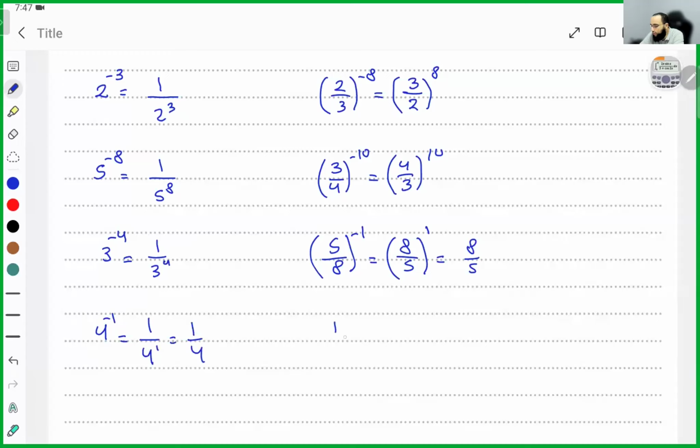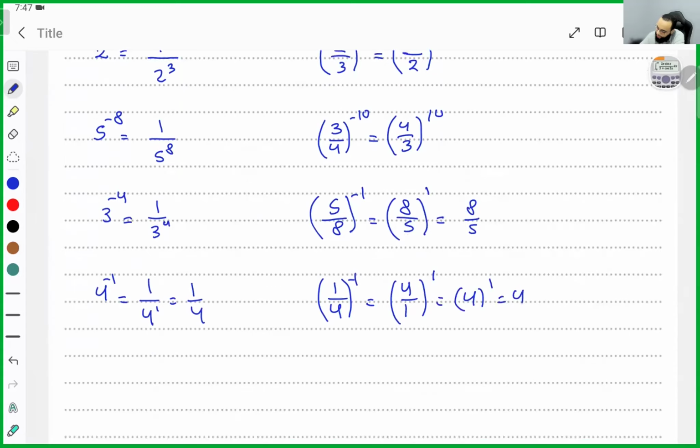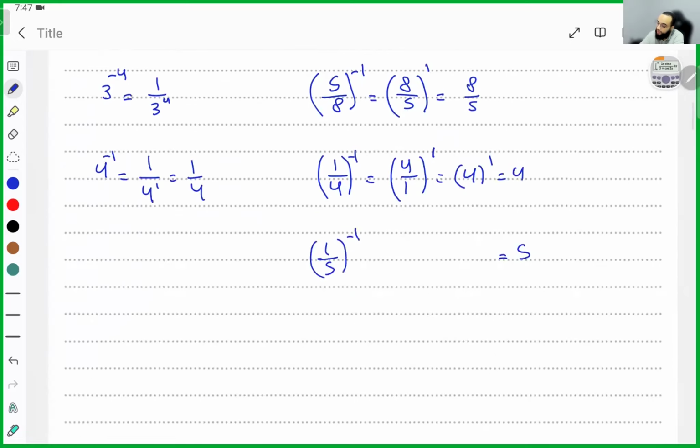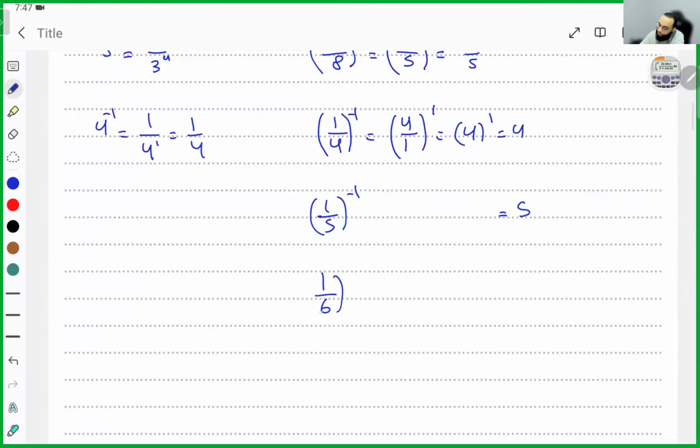If it is 1 over 4 power of negative 1, then it's going to be 4 over 1 power of 1, which is 4. So if it is 1 over 5 power of negative 1, then it's 5. If it is 1 over 6 power of negative 1, then it's 6. If it is 6 power of negative 1, then it's 1 over 6.